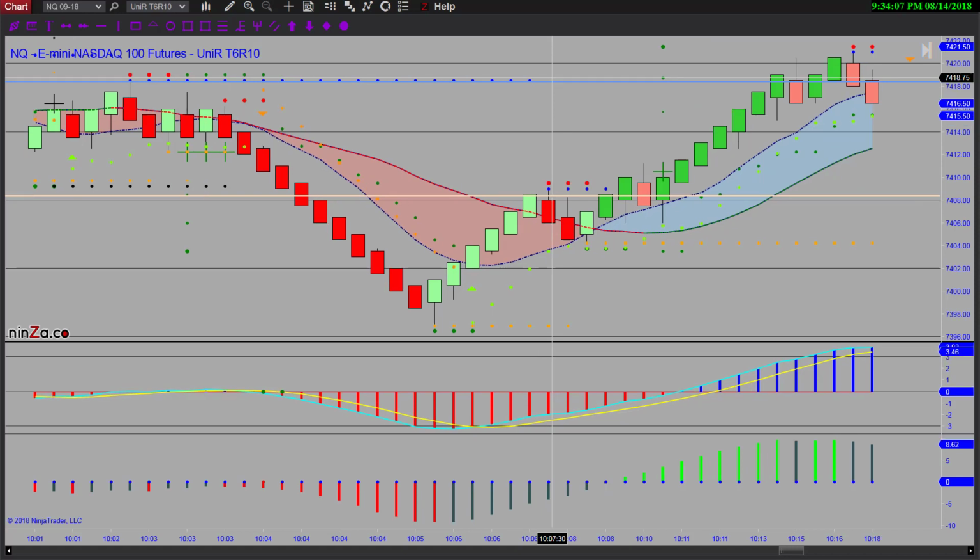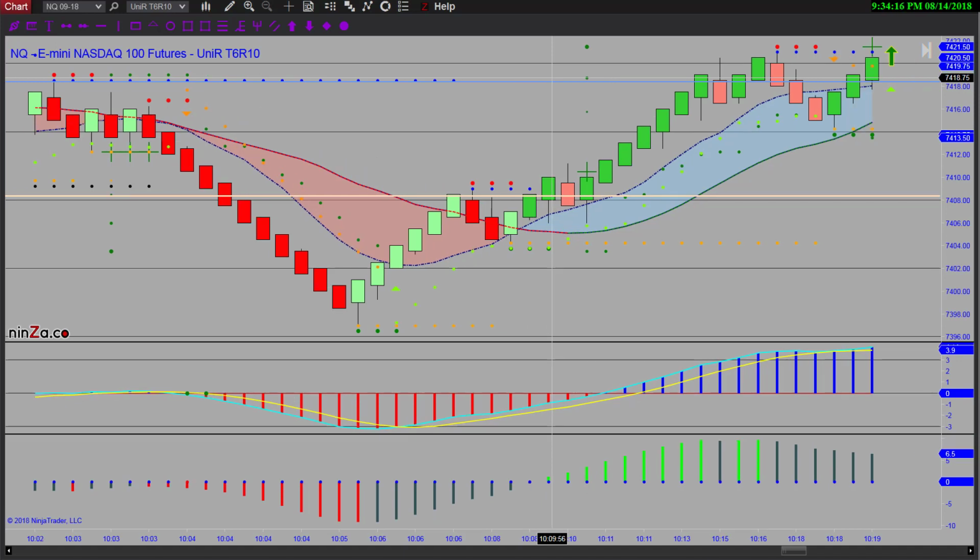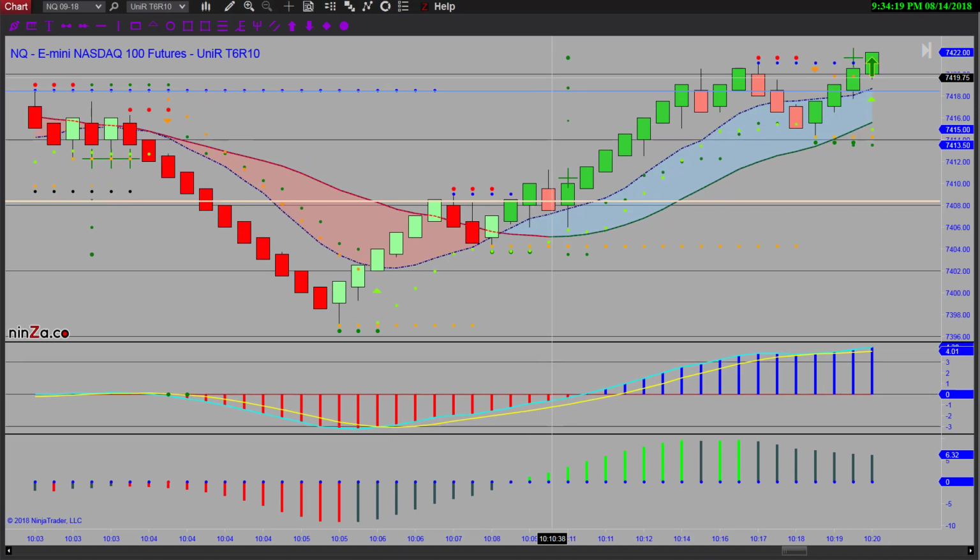We're watching for the break, then the pullback, and then the break the second time for the entry. You can see from the arrow, that's where I entered.